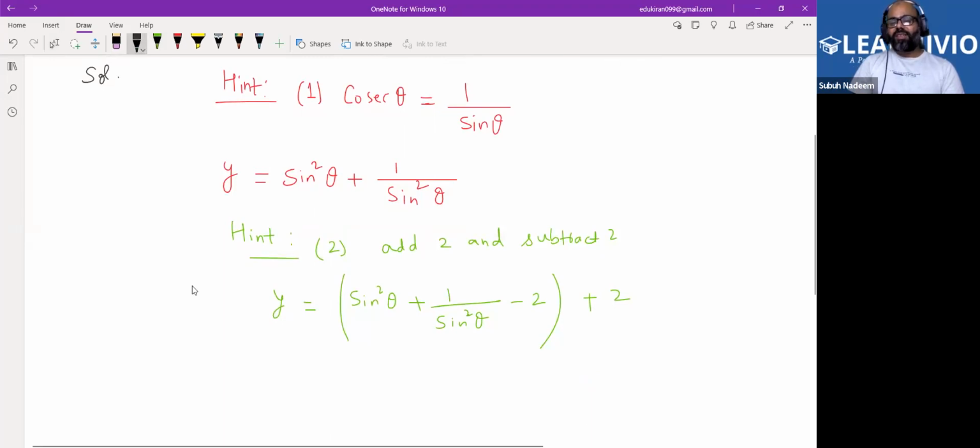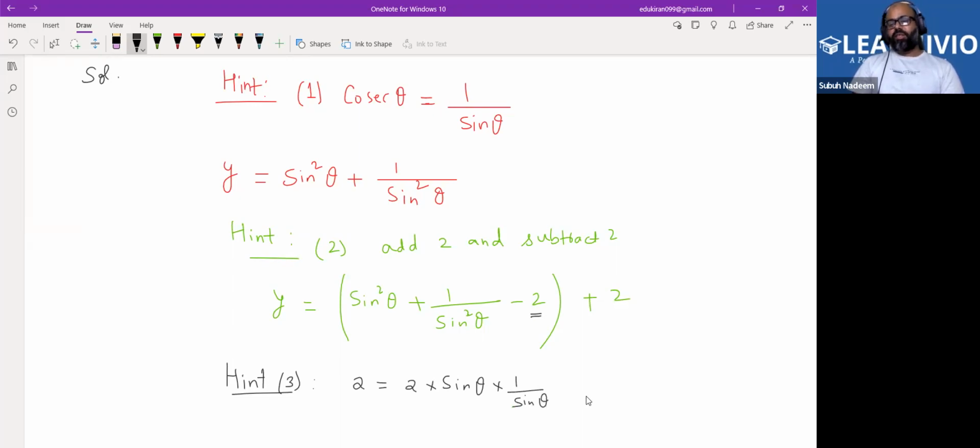Hint 3 is, you can write this 2 as 2 into sine theta into 1 by sine theta, because that will cancel sine theta, and apply a square plus b square minus 2ab is equal to a minus b whole square.